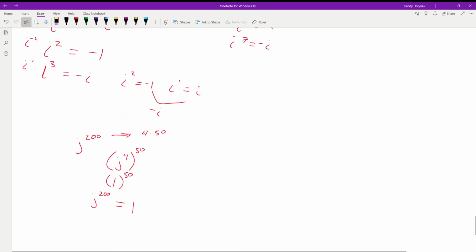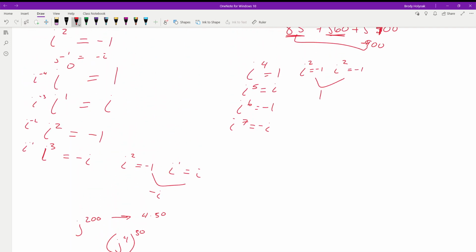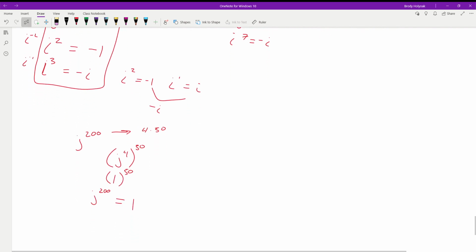So really, all you have to memorize is these first 3, because then everything is just going to be multiples of that. So if we have j to the 501st power, how can we split that up to make it simple?